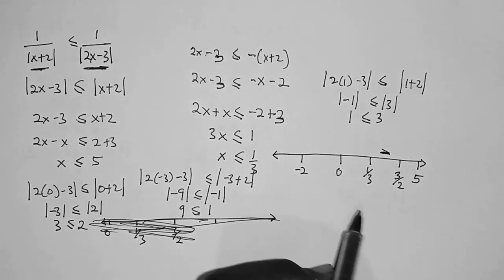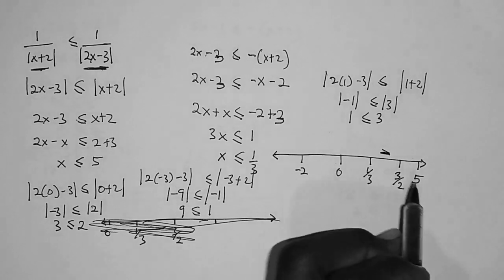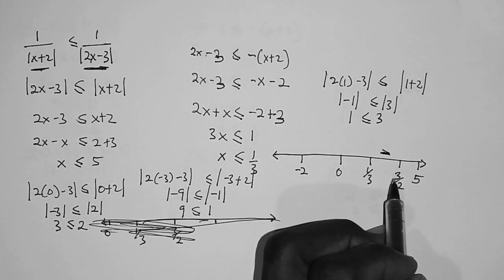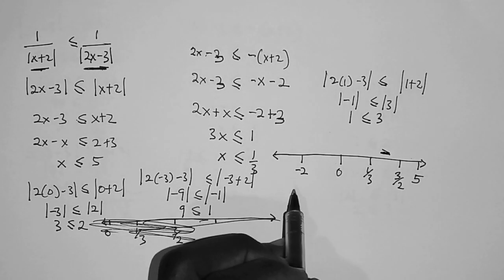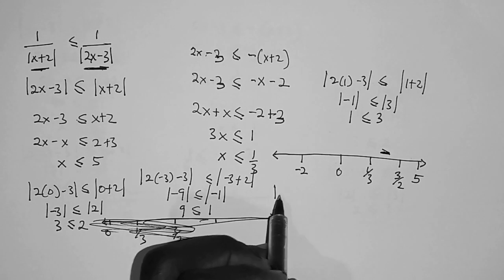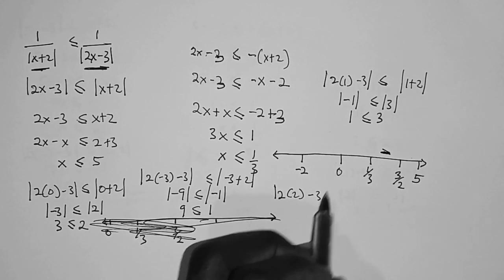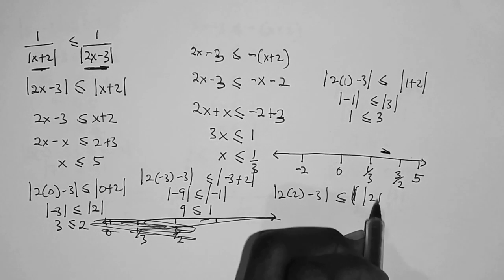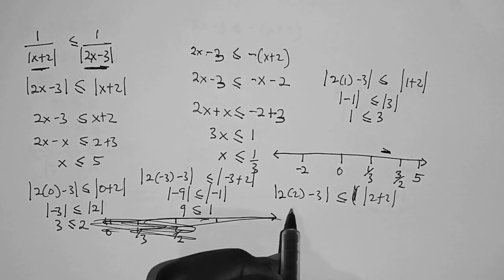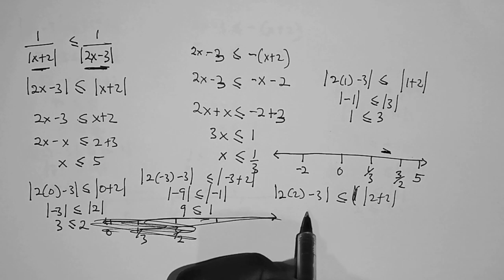And let's test for the region between 3 over 2 and 5. Let's take a value like 2. Let's insert 2 into this equation. So absolute value of 2 times 2 minus 3 less than or equal to absolute value of 2 plus 2. 2 times 2 is 4. 4 minus 3 is 1.